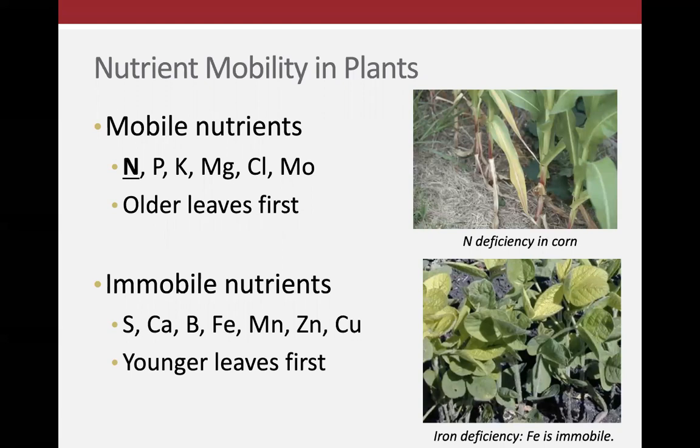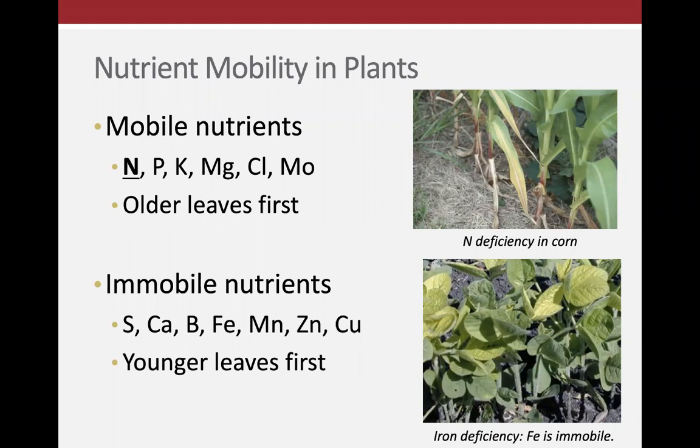Okay, so when we're talking about this first line of defense, which is just our visual observation, and trying to pinpoint, there's a really nice way that we can, in some ways, eliminate a lot of possibilities. It's essentially a dichotomous tree. We talk about nutrient mobility in plants.